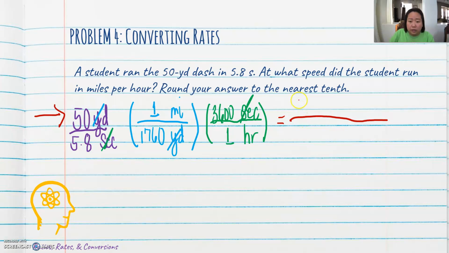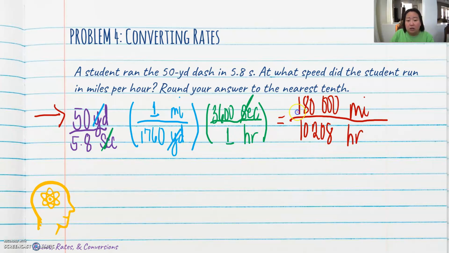If you do your calculations, it will be equivalent to 180,000, and the only unit of measurement left in the numerator is miles. Our denominator, on the other hand, 5.8 times 1760 times 1, that will be equivalent to 10,208, and the only unit of measurement, as you can see, is hour.